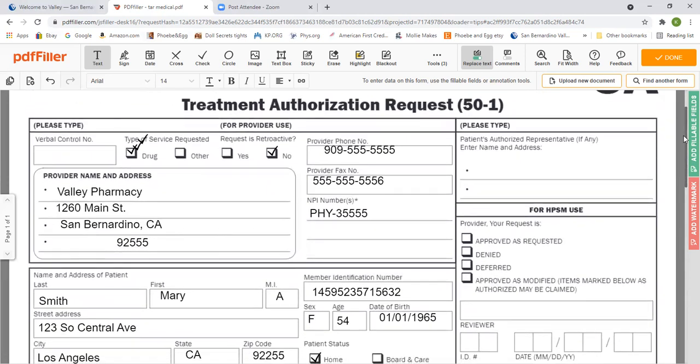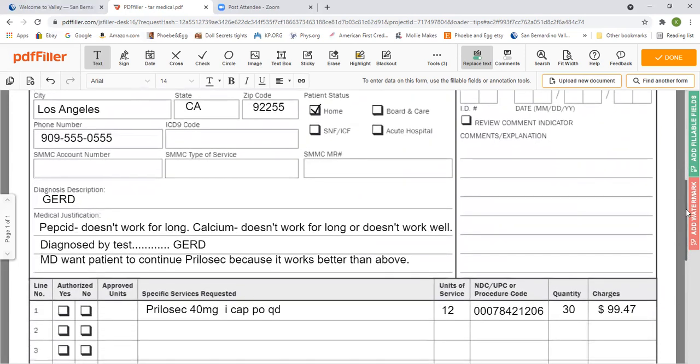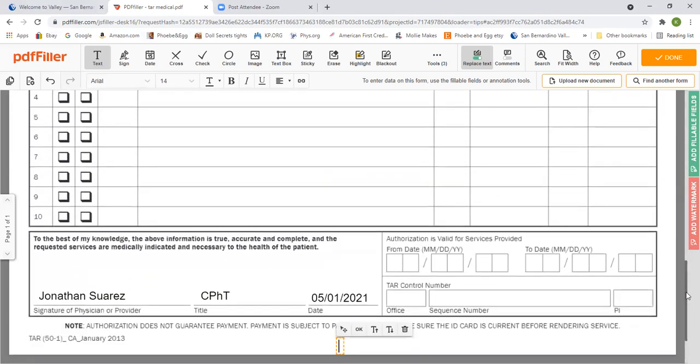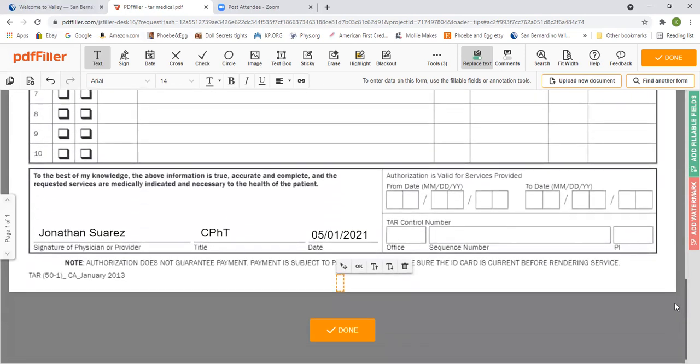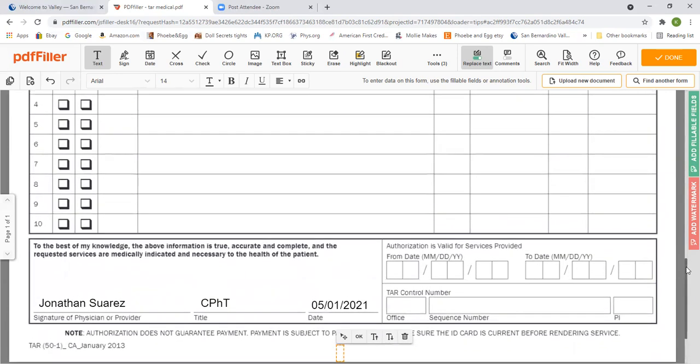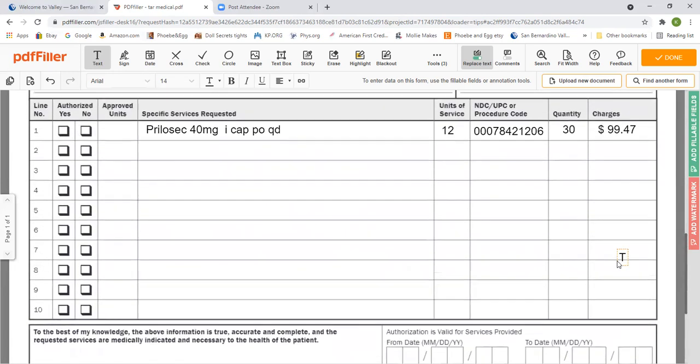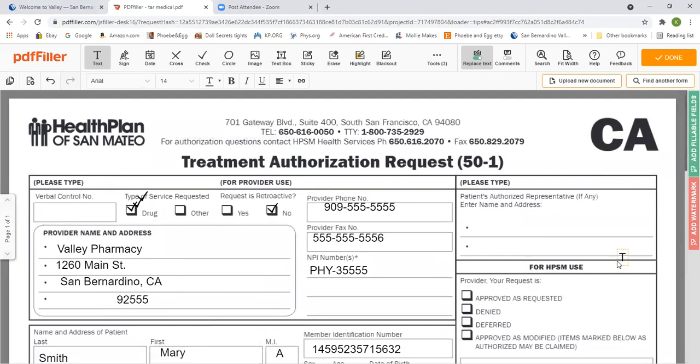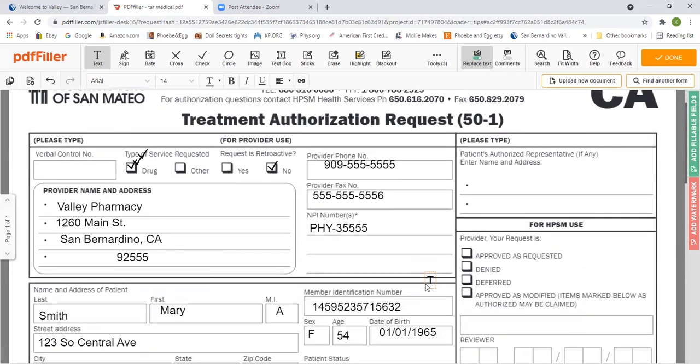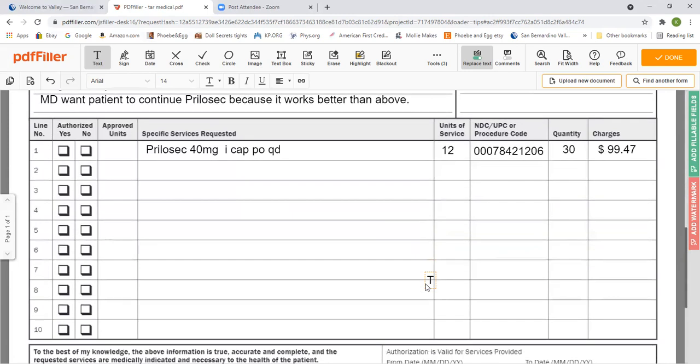Everything else is pretty much self-explanatory on other forms. So if you can fill out this TAR form, you should be able to fill out a Blue Cross form, a CalOptima form, RX America, Pacific Care, all the other forms that are out there. You should be able to fill them out with no problem, because they're all just a simpler type of this form, okay? So that's how you fill out the TAR form.